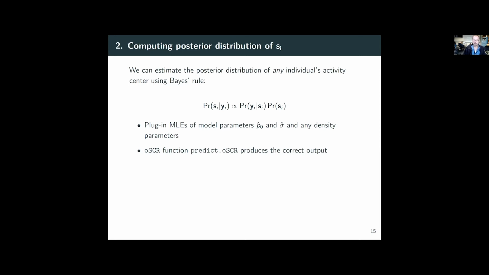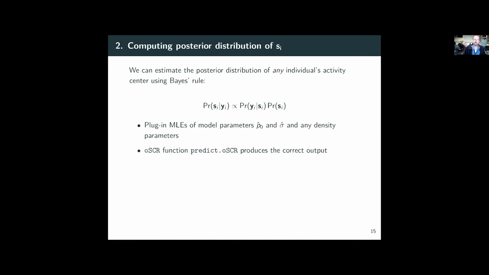That's the point process model. And they're not estimated as explicit parameters of the model by maximum likelihood, but rather, as a technical matter, we wind up removing them from the likelihood by integration. That's what's happening in the oSCR.fit function.